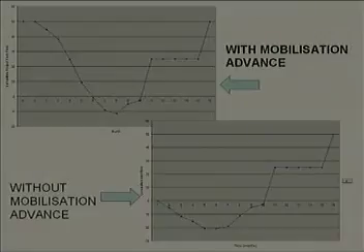So, you can clearly find the difference here. In the first case, when you have received the mobilization advance, you find that there is very little area lying on the negative side. That means, for a very short duration you will have to deal with the situation in which you have to bring money out of your own pocket.